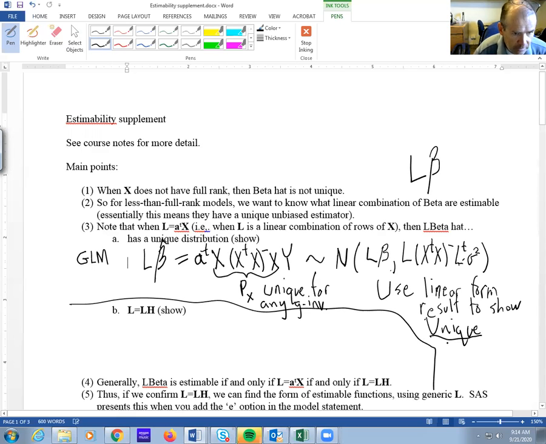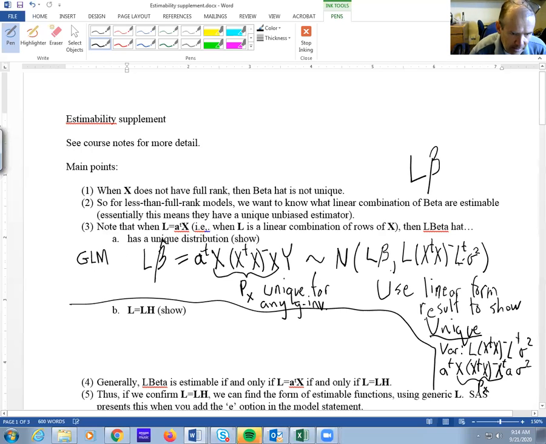So for the variance, you have L X transpose X inverse L transpose sigma squared. Well, that's just A transpose X, and then you have your X transpose X inverse. And then if you transpose A transpose X, you get X transpose A. So you can see that you end up with P of X again there.